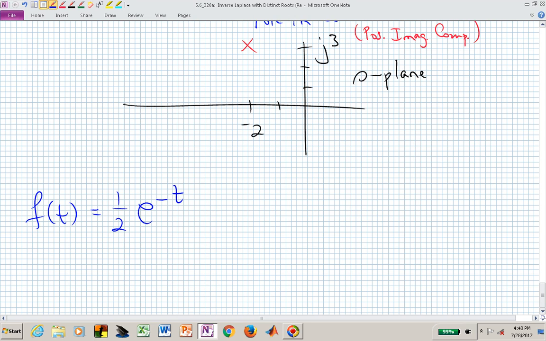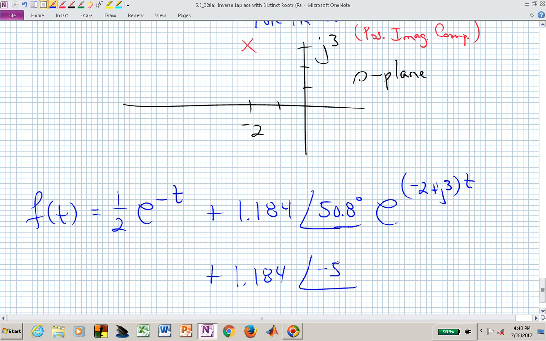Then we have the residue, or partial fraction expansion coefficient, a sub 2, associated with e to the, this is the s in the second quadrant, minus 2 plus j3 t, plus 1.184 at an angle of minus 50.8 degrees, associated with the pole p sub 3, which was at minus 2 minus j3 t. That's t greater than or equal to 0.